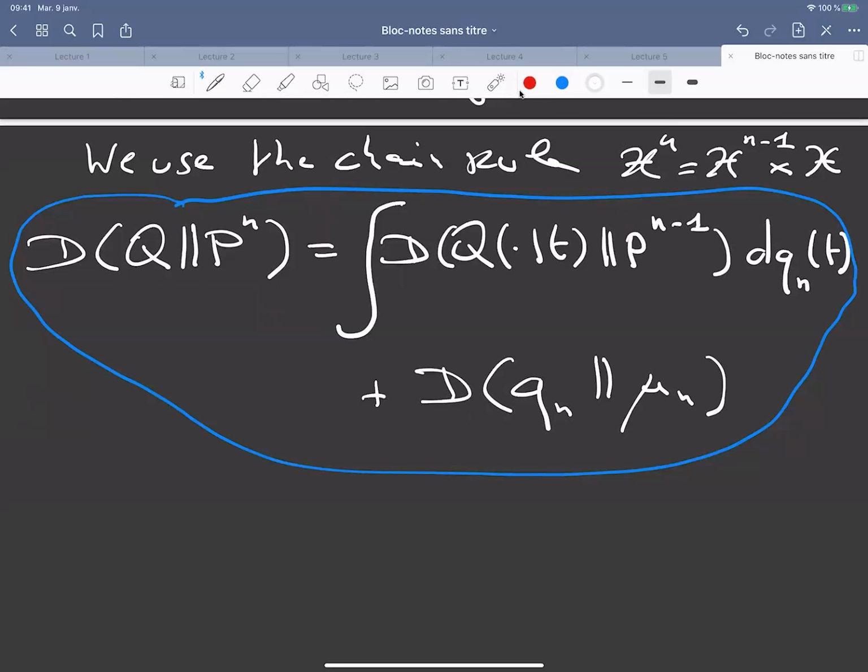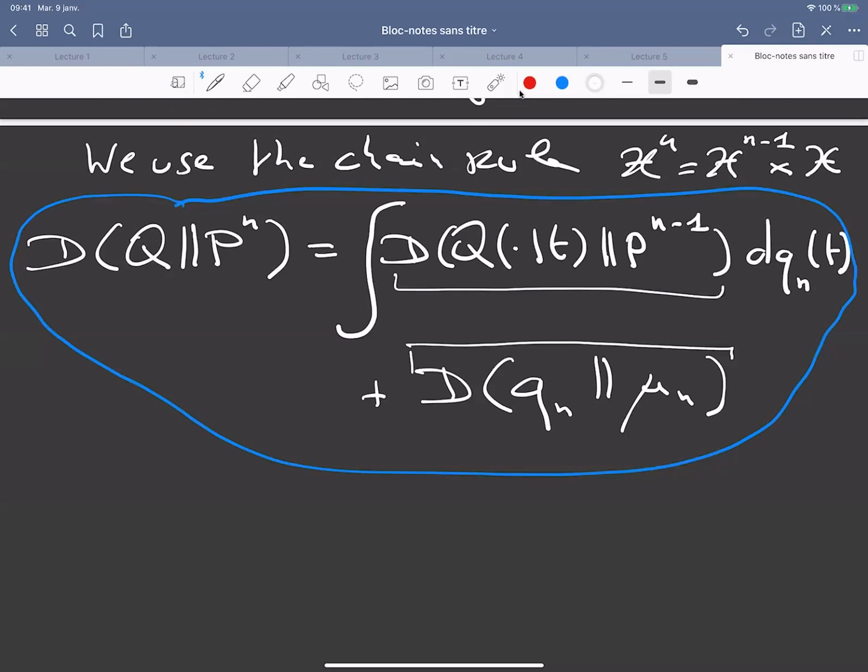Because you see that you have this term which appears, and this term just forces us to couple in an optimal way the marginals of Q and Pn. This is what we want to do. And this also forces us to couple in an optimal way the conditional distributions here.